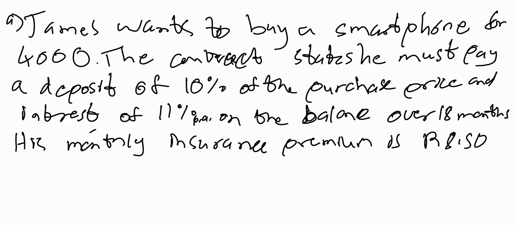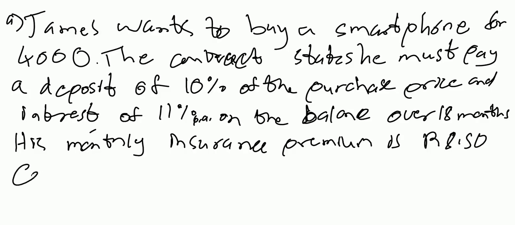Now they are saying his monthly insurance premium is 850. So he also has insurance on this phone. That means this is a serious phone, maybe a Samsung Z Flip or iPhone 16 Pro Max or what.